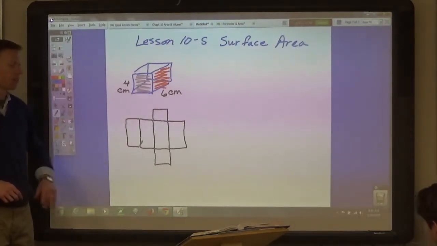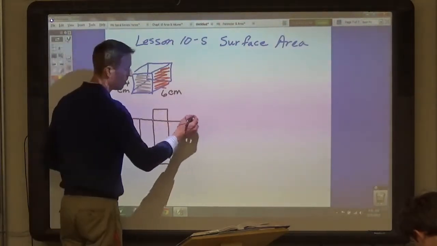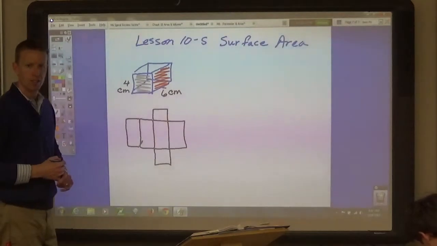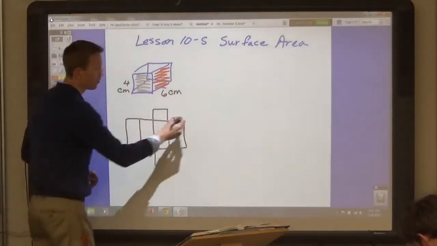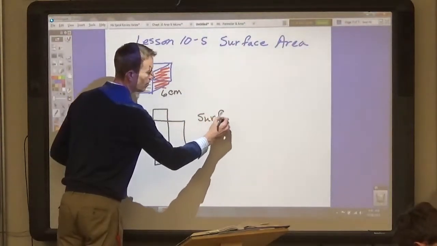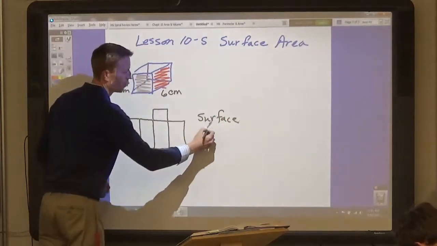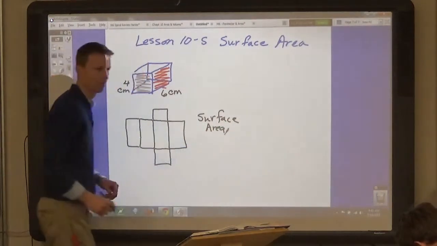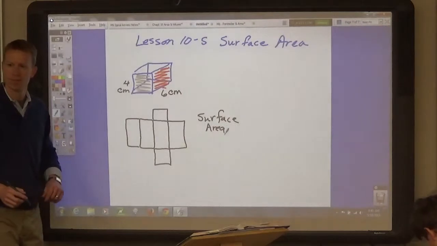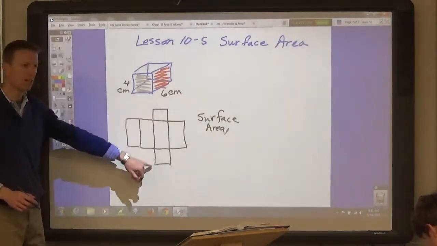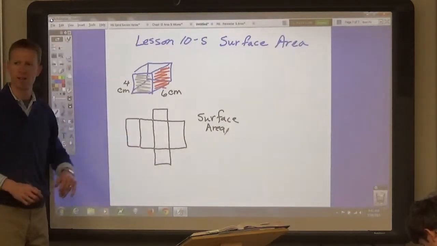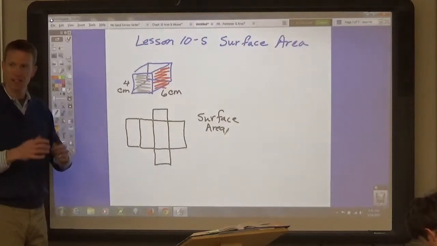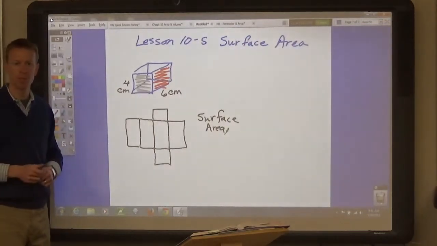So how are we going to find the surface area? What is surface area going to tell us? It's the area of all of these added together, right? Yep.